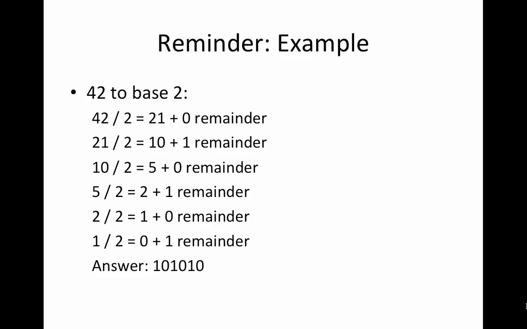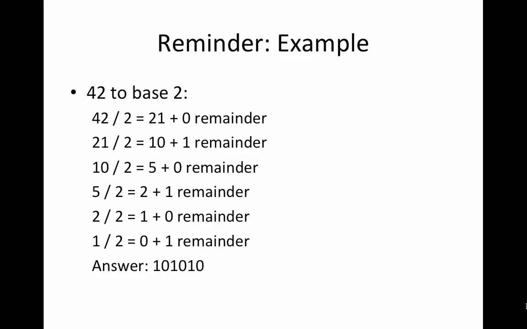And if you remember, the routine, the algorithm, is that we need to divide that number with the base of the system that we want to convert to. So if we want the binary representation, we need to divide by 2. So we divide by 2 and we keep track of what the remainder is.